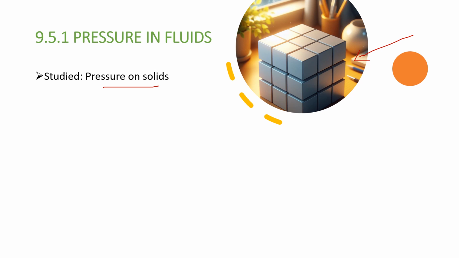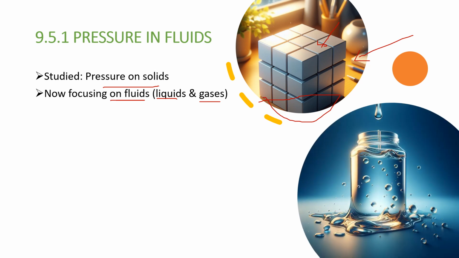We just calculated the pressure exerted by the wooden block on a tabletop. It depends on the area. So now let's focus on fluids. Fluids may be liquids or gases. This is an example of water. Look at this jar, and the jar contains water.